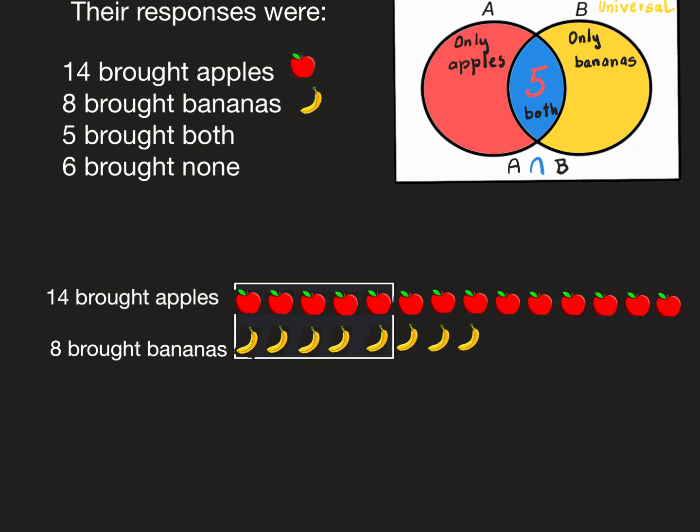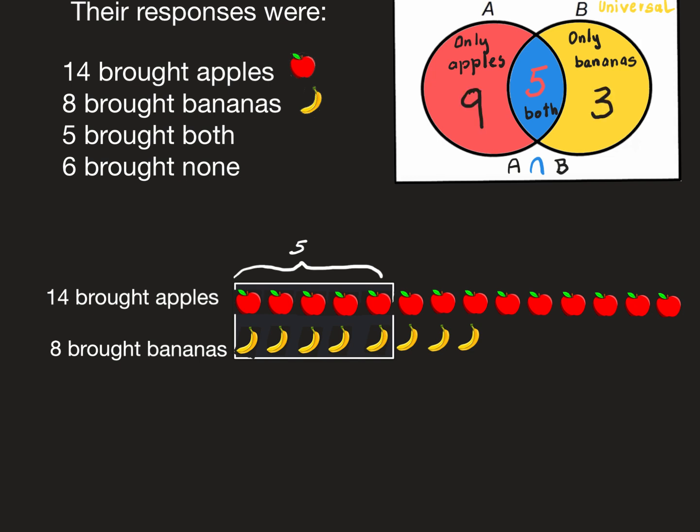So these 5 students here would have been counted in the both section right up here. So how many students with apples have we got left? 1, 2, 3, 4, 5, 6, 7, 8, 9. So we've got 9 students who have apples only and 3 students who have bananas only.